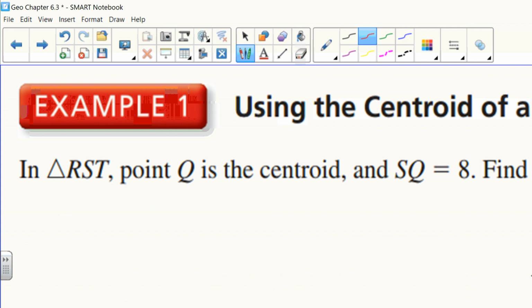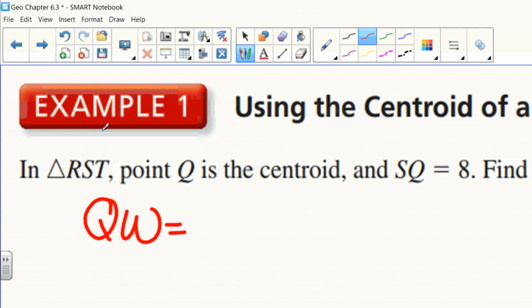So let's look at our first example. In RST, point Q is the centroid, and SQ is 8. Find QW and SW. Exactly, because SQ is the bigger section.